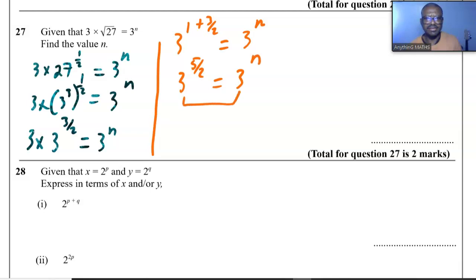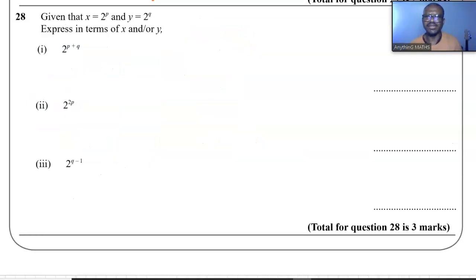Now the bases are equal, so n will be 5 over 2. I really like these sort of questions because it tests your understanding of the subject and the topic as well.